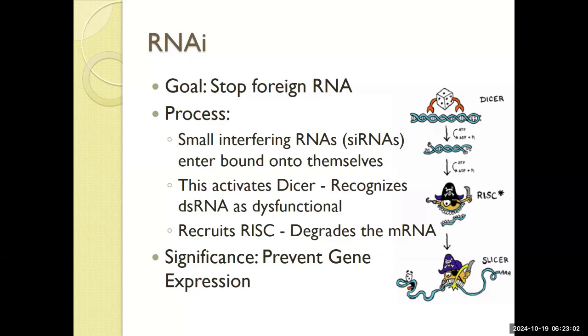So the enzyme Dicer recognizes a double-stranded RNA as dysfunctional and degrades it, breaks it down to little pieces. This prevents that RNA from ever being translated and expressed. The idea is that RNAi could serve as an anti-HIV cure.